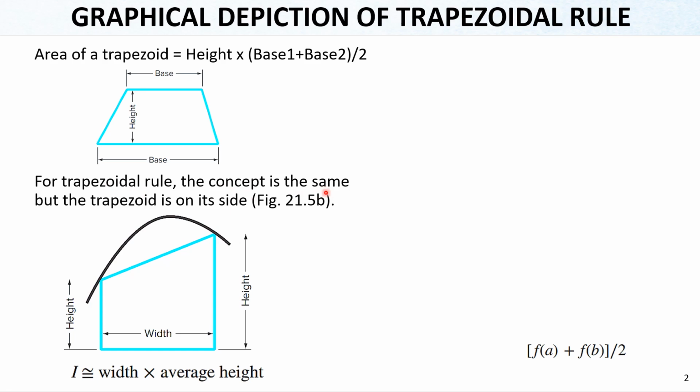And the concept is the same, but the trapezoid is on its side. So it's here, but the bases are these, and the height is the width here, just rotated 90 degrees, you can think of. So here what happens is width times average height, that means (height 1 plus height 2) divided by 2, is the area underneath.